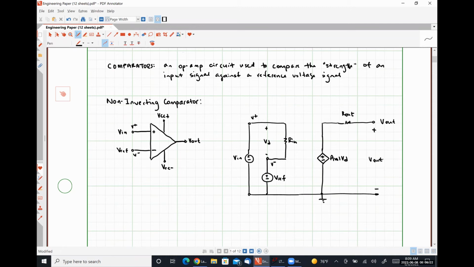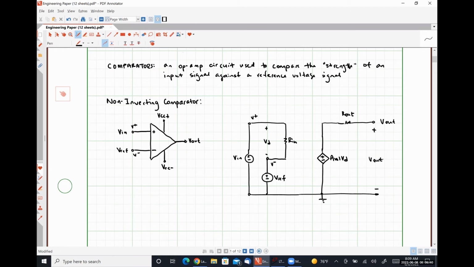So again, this looks extraordinarily similar to what we saw at the end of the last class. The only difference here is that we have a voltage that's connected to our inverting input pin that is non-zero.